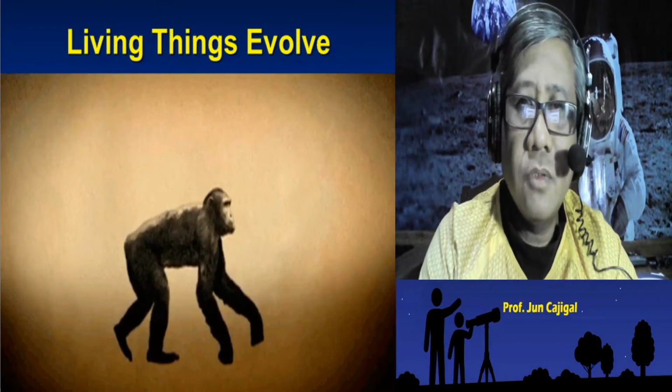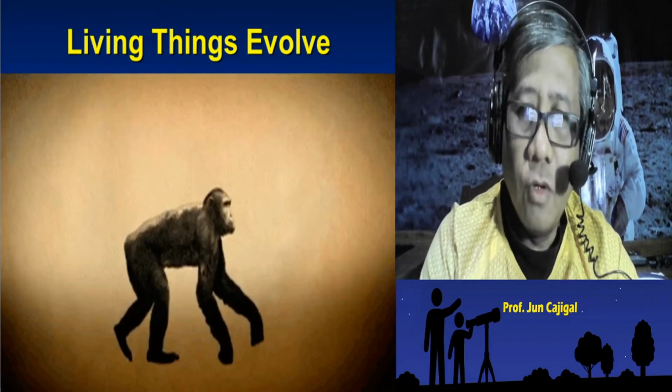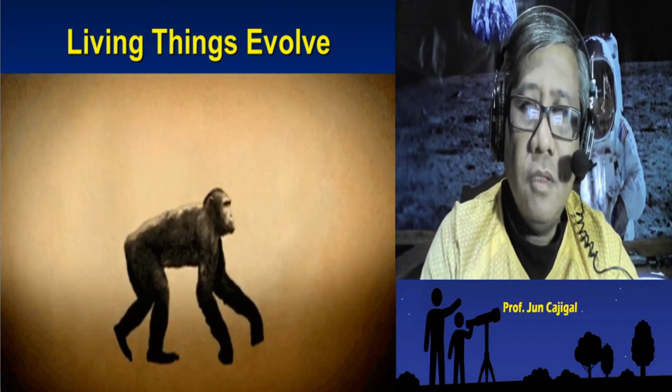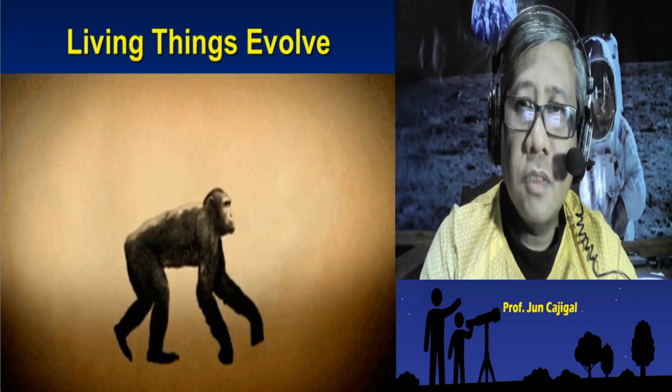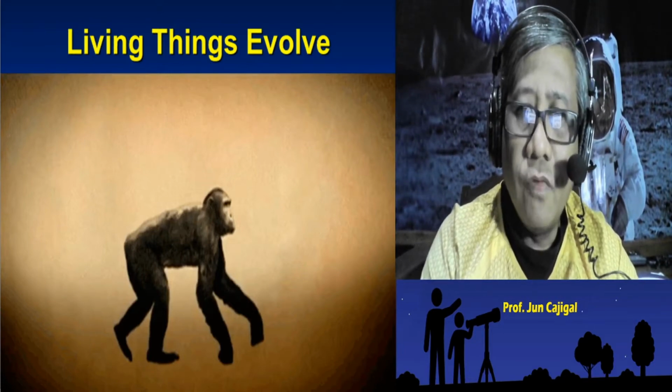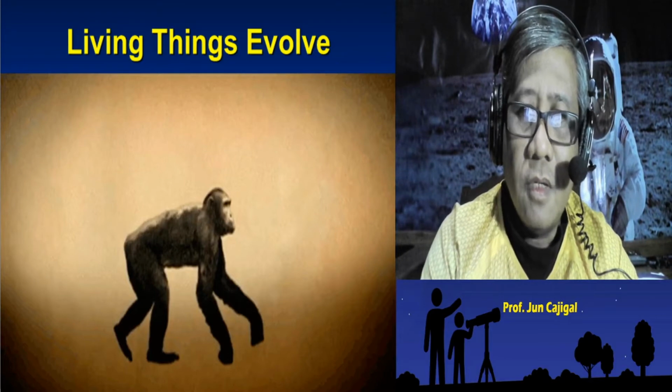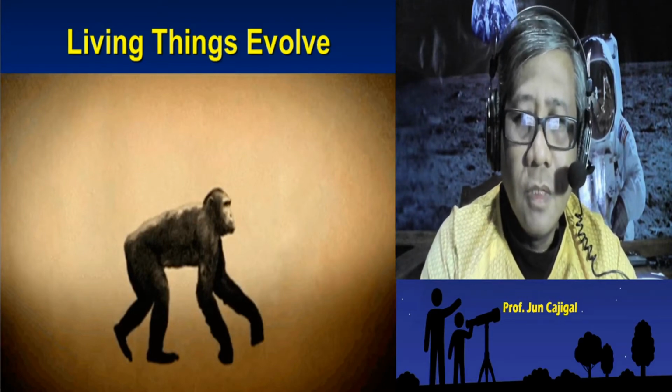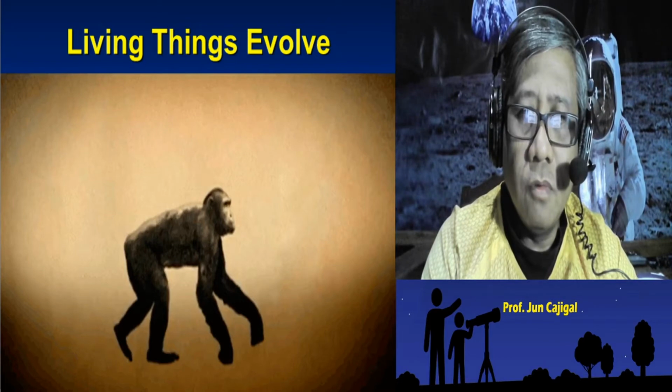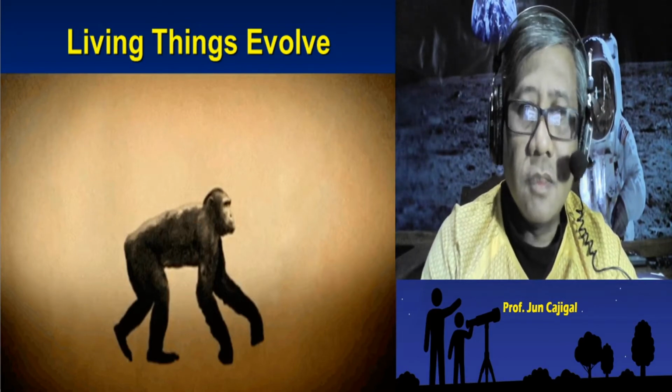Okay, and also living things are capable of evolving. So when you say evolution, this is change over time. So we know for a fact that millions of years ago, ape-like creatures eventually evolved into humans.